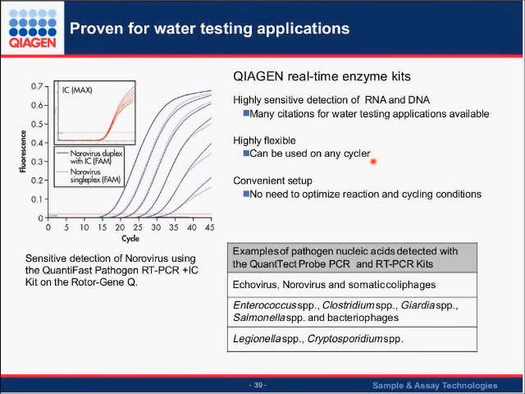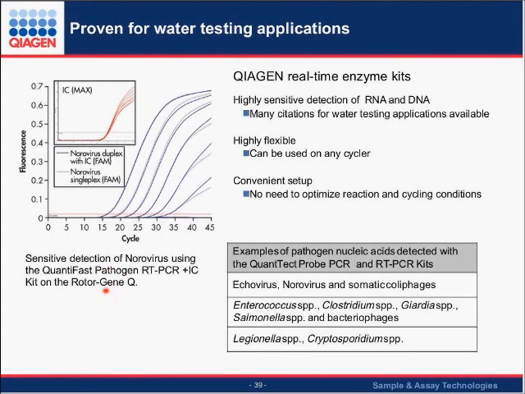And they're convenient to set up. No need to optimize the reaction. Because of the high tolerance to inhibitors, you need to do far less optimization to generate your validated assays. On the left, we have a graph showing detection of norovirus, in vitro transcribed norovirus, using the QuantiFast Pathogen RT-PCR plus IC internal control kit. So there is a very nice kit that can be used.